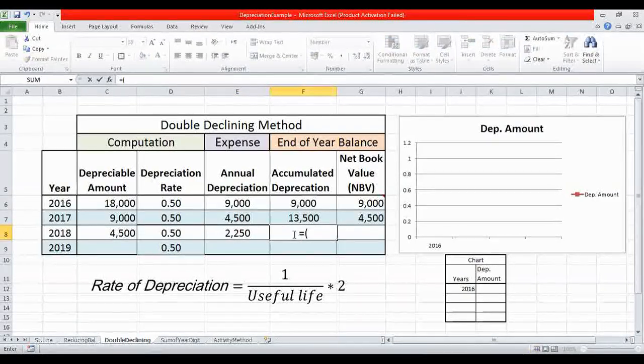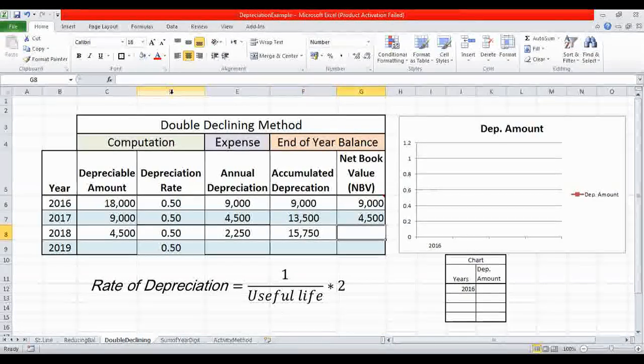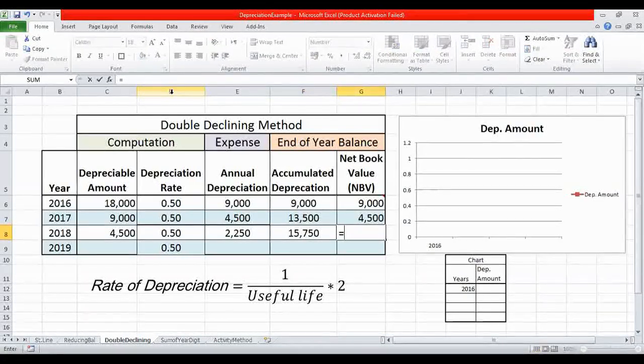So very easily we will do this plus this year's expense. This is addition. So 15,750. Again, in order to calculate the net book value, simple as that, 18,000, our cost, minus the accumulated depreciation.